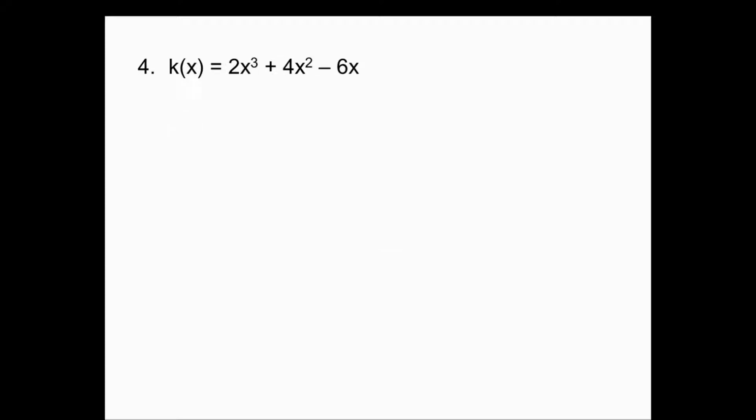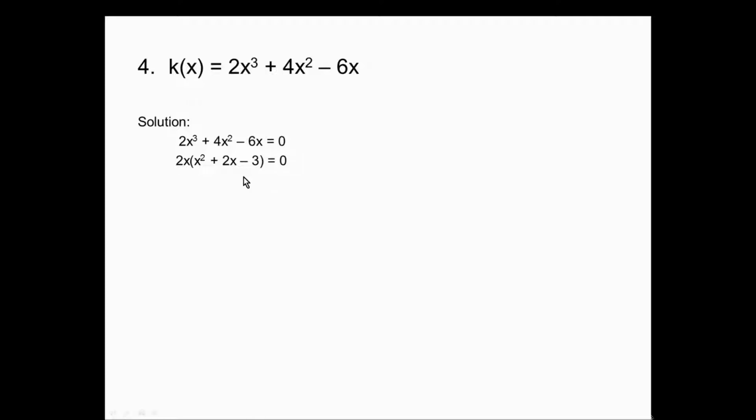Number 4, I have k of x equals 2x cubed plus 4x squared minus 6x. Okay, we're going to set the polynomial equal to 0. So I've got 2x cubed plus 4x squared minus 6x equals 0. Okay, I can factor out 2x from everybody. So I'll have 2x times x squared plus 2x minus 3. Now I need numbers that multiply to be minus 3 and add up to be 2.